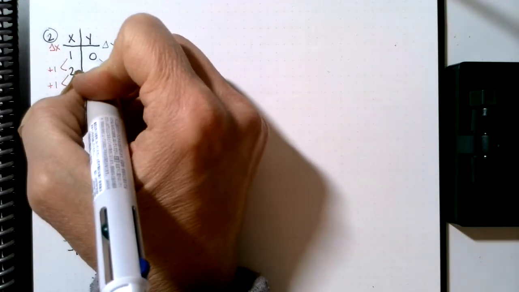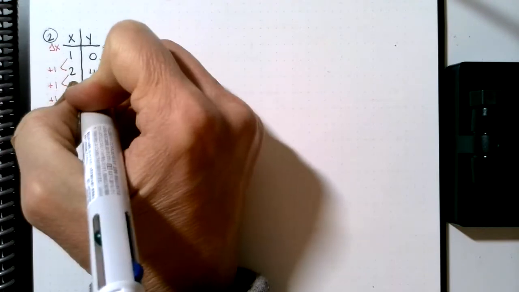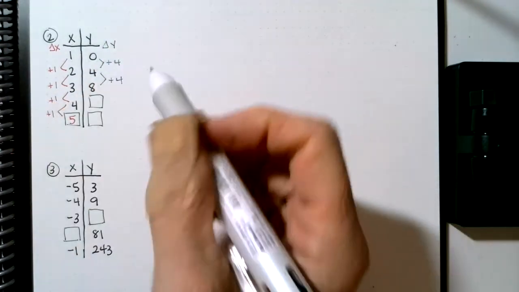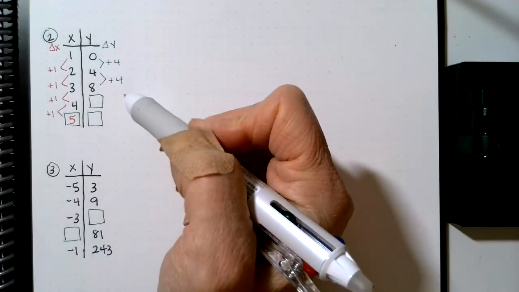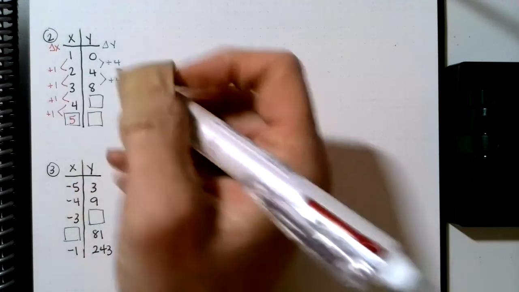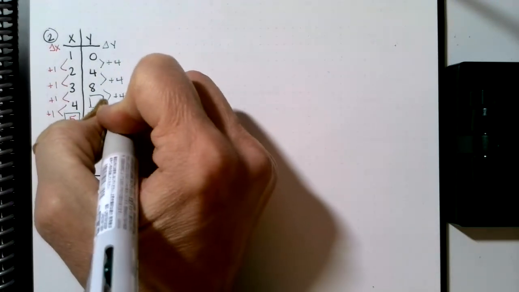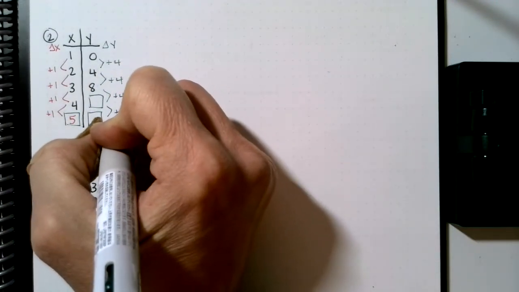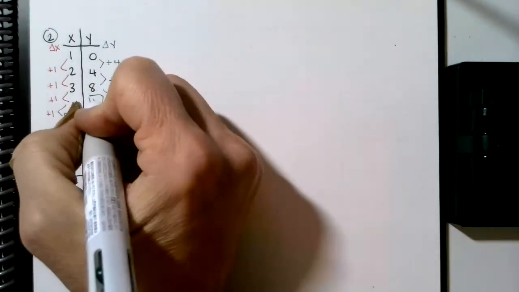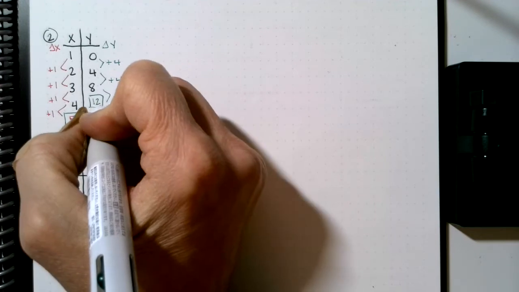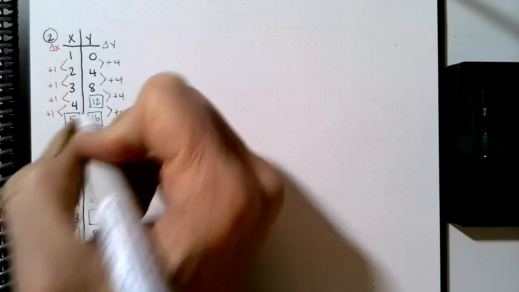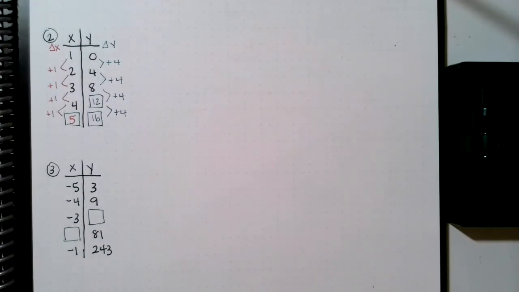So 0 plus 4 gives me 4. 4 plus 4 gives me 8. So as I'm seeing that this seems constant in my change in y and that my change in x is constant, I'm going to assume that that constant change continues on and that 4 plus 8 is 12 and 12 plus 4 is 16, and that our table would finish like this.